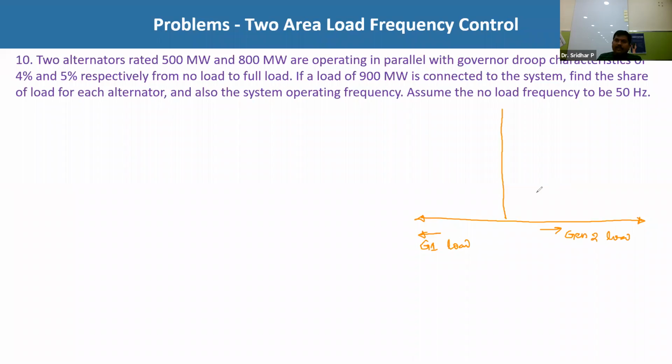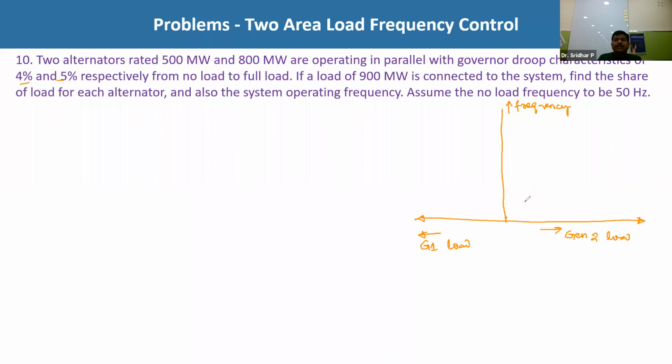Why I am taking these two on the same axis, I will tell you. This is the frequency. Independently, if you observe this area, what is this graph? Frequency versus load. Here also it is load versus frequency, because he has given the 4% and 5% from no load to full load, meaning droop characteristics.